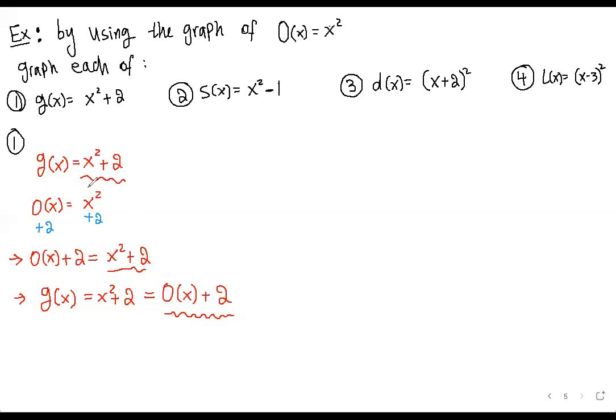Then I write down g of x equal x squared plus 2 is exactly equal to the original function plus 2. Now to graph this function, I have to graph the original function f of x, then we have to shift it 2 units upward by using the property before. Okay, so let me do it.